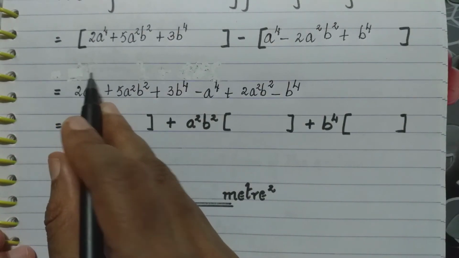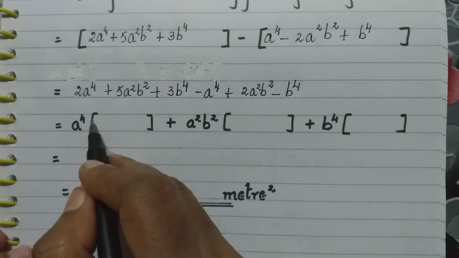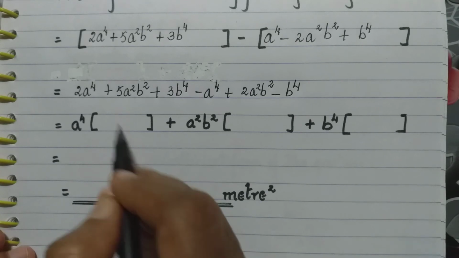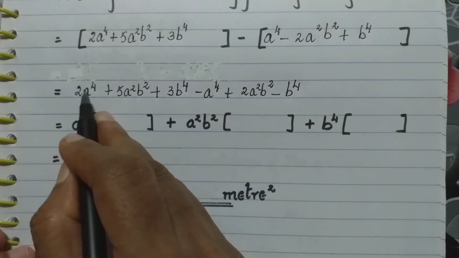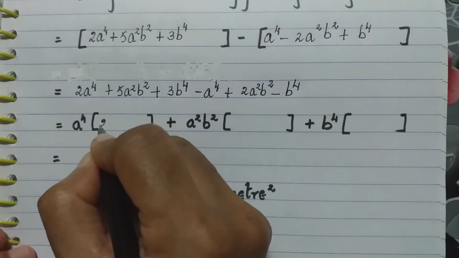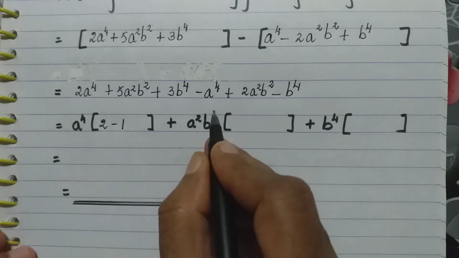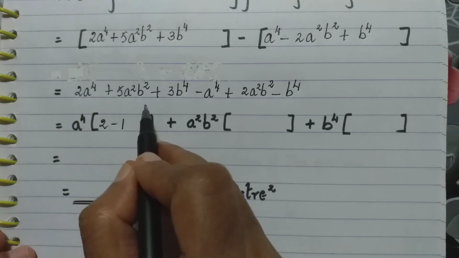Now coming to the first one, a raised to 4 out. Which are the a raised to 4 terms? We have these two terms. So a raised to 4, inside the bracket I will have 2, and here this coefficient is minus 1. So 2 minus 1. Plus a square b square. Which are the a square b square terms?